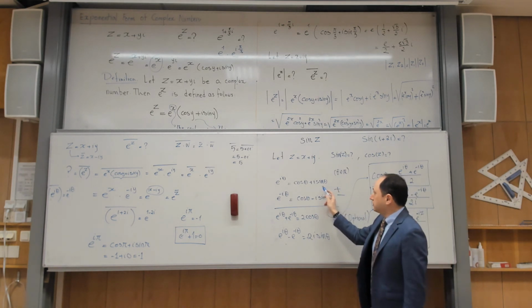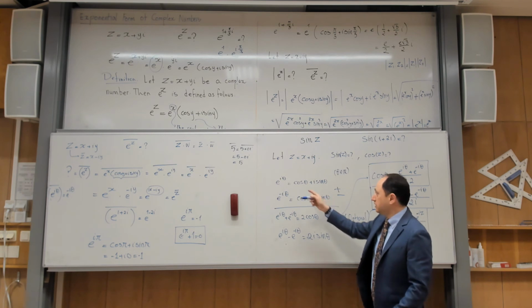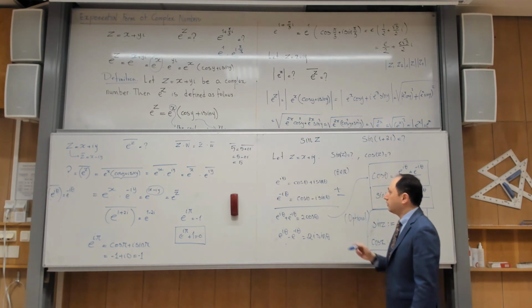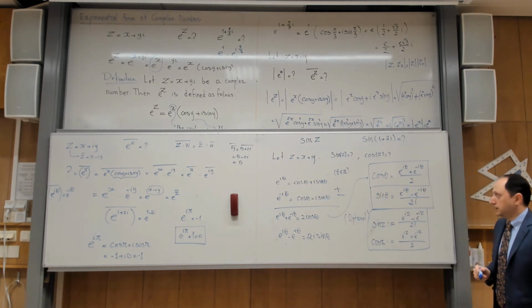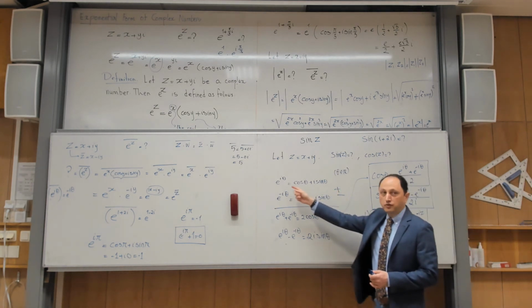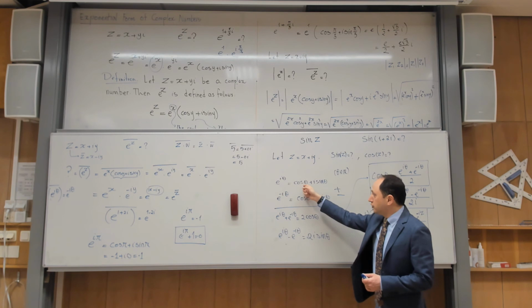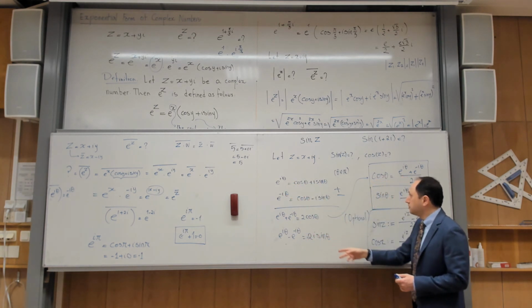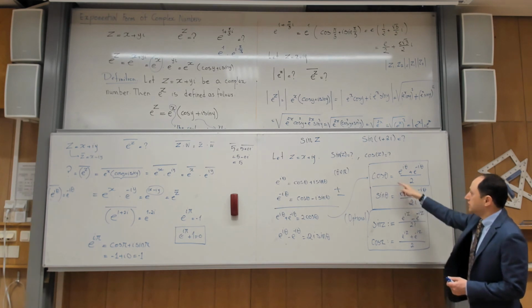I was not able to prove this for you rigorously, but I motivated why the Euler formula is correct. So it means that in principle, we can prove this formula. Using this formula for theta and minus theta, I was able to prove these two equalities.